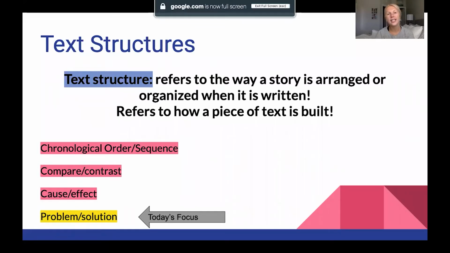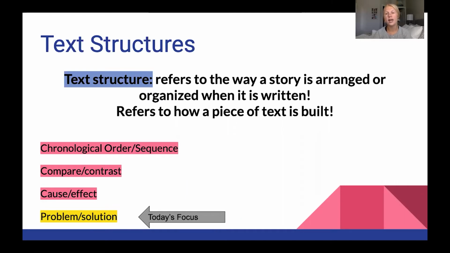Let's go over text structures. Text structure refers to the way a story is arranged or organized when it is written. Text structure also refers to how a piece of text is built. So throughout the week, we've learned about different text structures and how they apply to different types of text and how we can find them in different text.